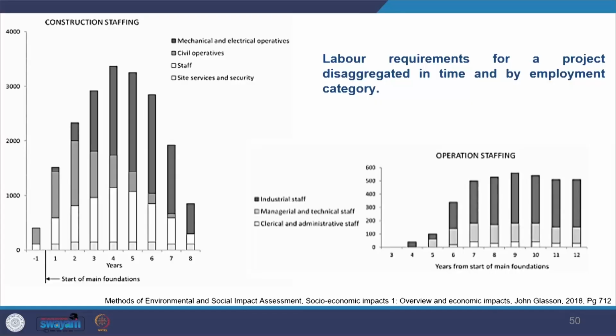study. Here you can see in the diagram, they have projected the labor requirements for a project, and how they are looking at disaggregated data by time and by employment category.